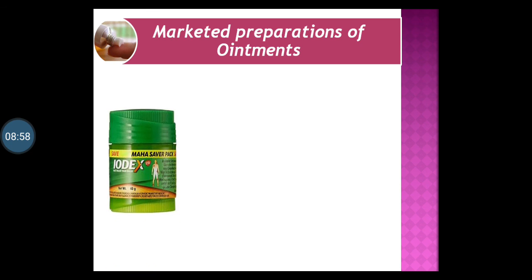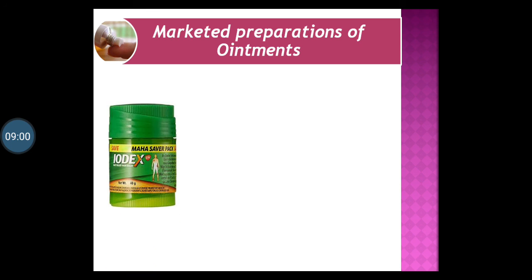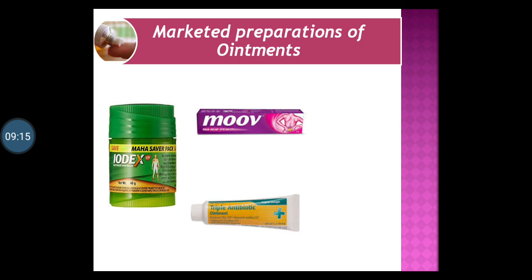Then these are some marketed preparations which you have used or seen in your house also, like Iodex. It is a counter irritant ointment. Then Moov. It is also a pain relieving or counter irritant ointment. Then triple antibiotic. It is an antibiotic based ointment.